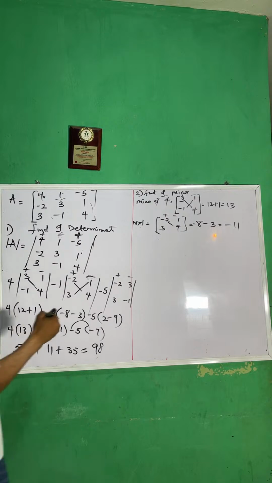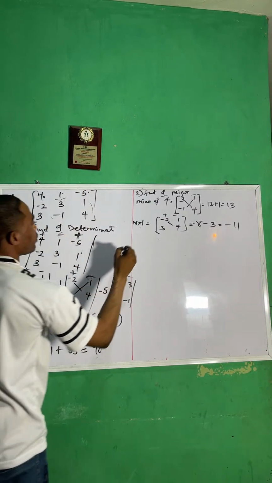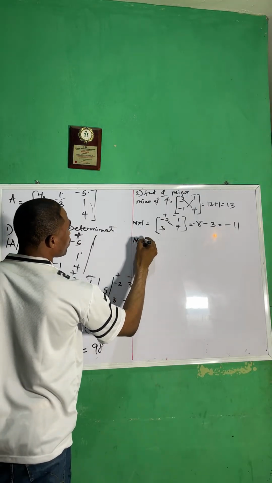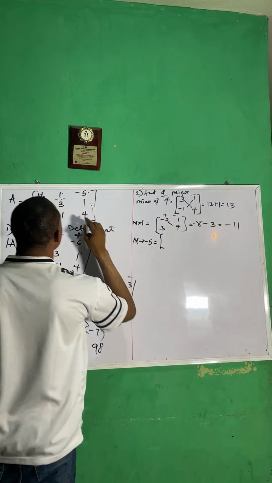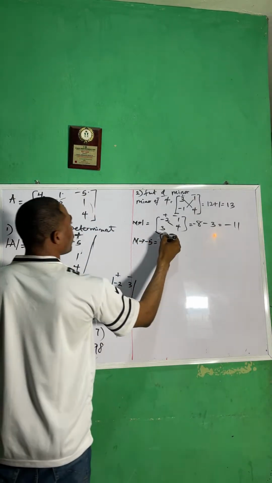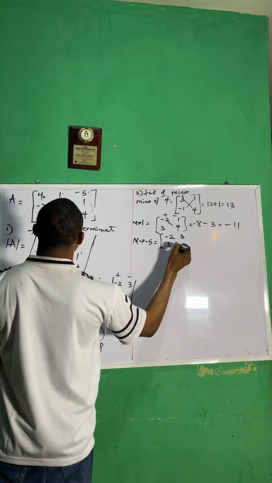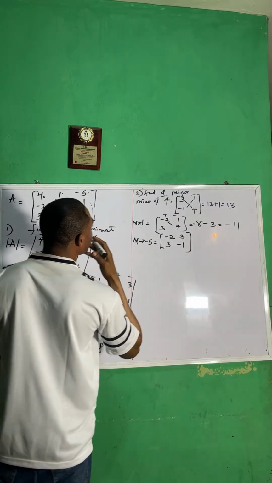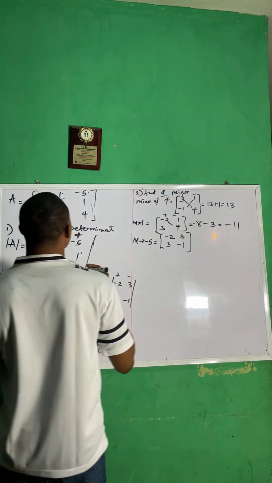So the minor of minus 5 will be what? We are choosing what is not under minus 5. That's the minus 2, 3, 3, minus 1. So if we have this, what will be the minor of minus 5?